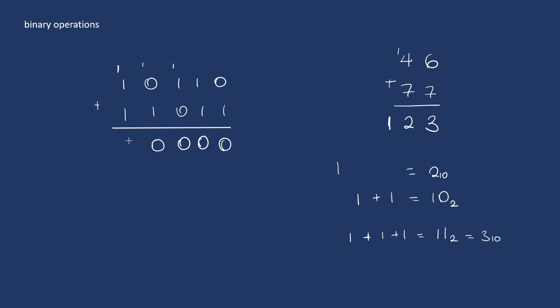So we're just going to bring it down, and since these are the last digits, we just bring it out like so, because it's possible to end up with more digits than you started with. So this is 110001 in base 2. That's all there is to binary addition: you add the numbers, take care of your carries, make sure you follow it through, and bring down the last carry digits if there are any.